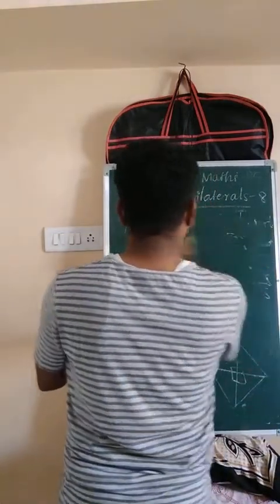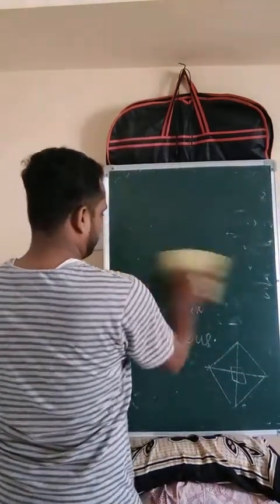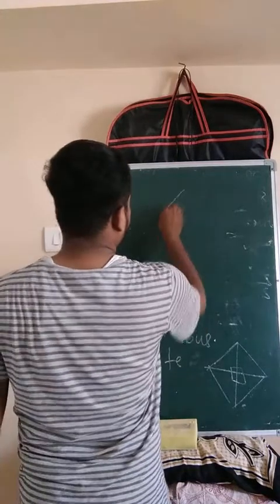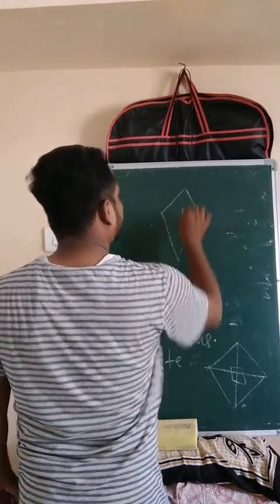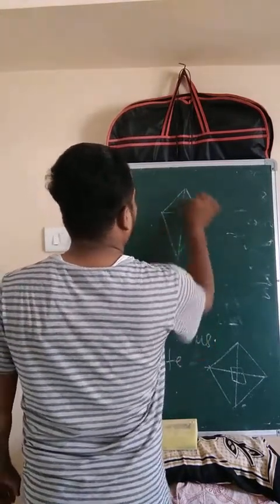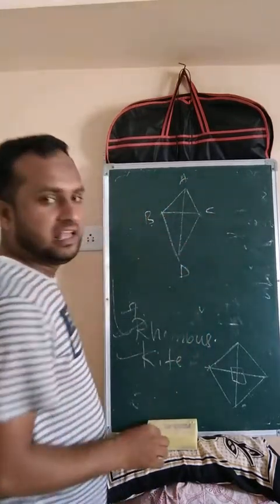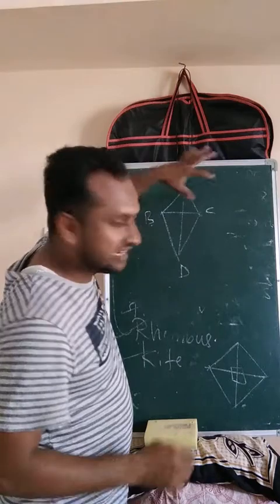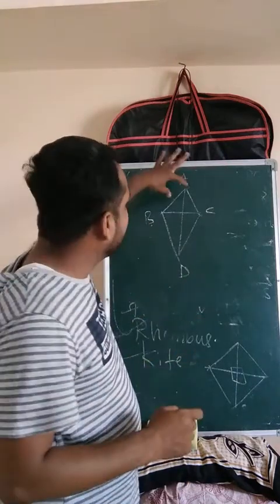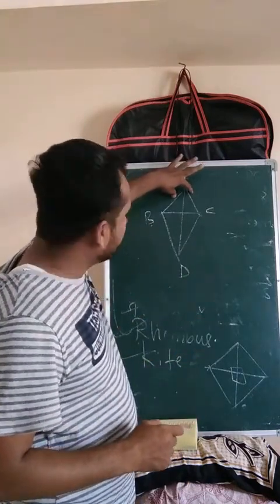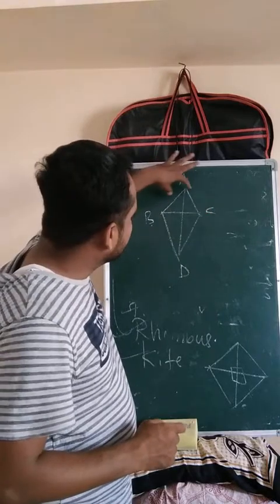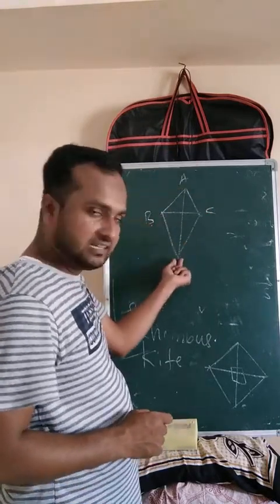Now see here. See the kite. ABCD is the kite. Adjacent sides are equal. Adjacent means continuous. These two sides are equal and these two sides are equal. This is adjacent, and this is also adjacent.